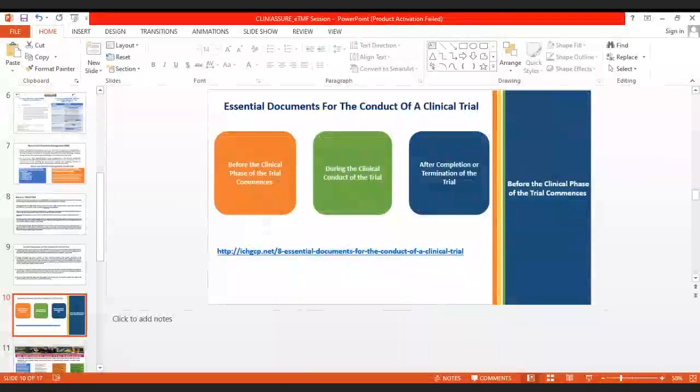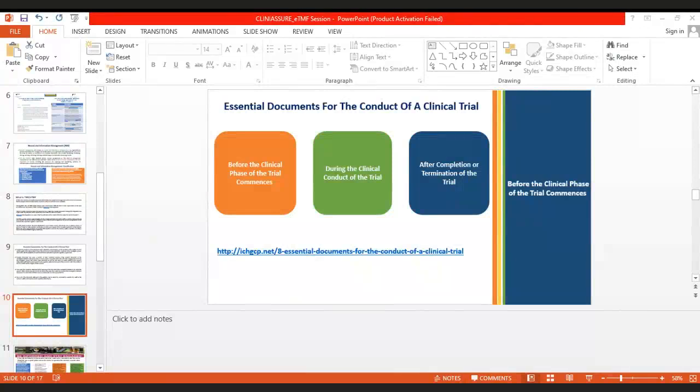I'll open this link and it will redirect me here. So this is the essential document section, and this is the amendment, 8.1 of ICH GCP.